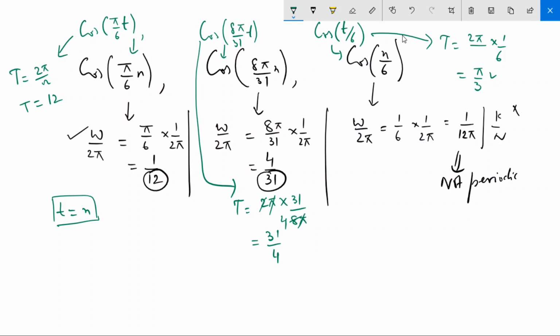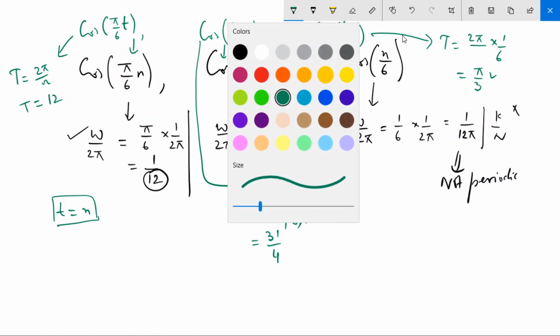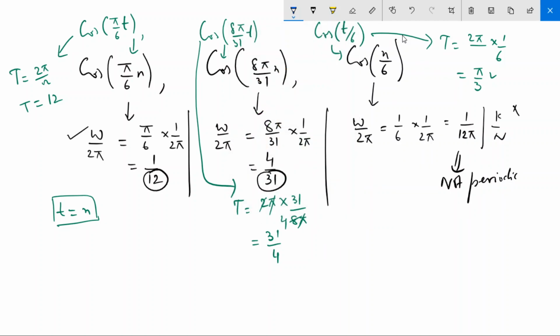If you look at the first case, cos pi by 6t and cos pi by 6n, both are periodic and the time period is 12. If the time period is 12, it means in 1 second you are getting 12 cycles. Let us suppose I take this signal.